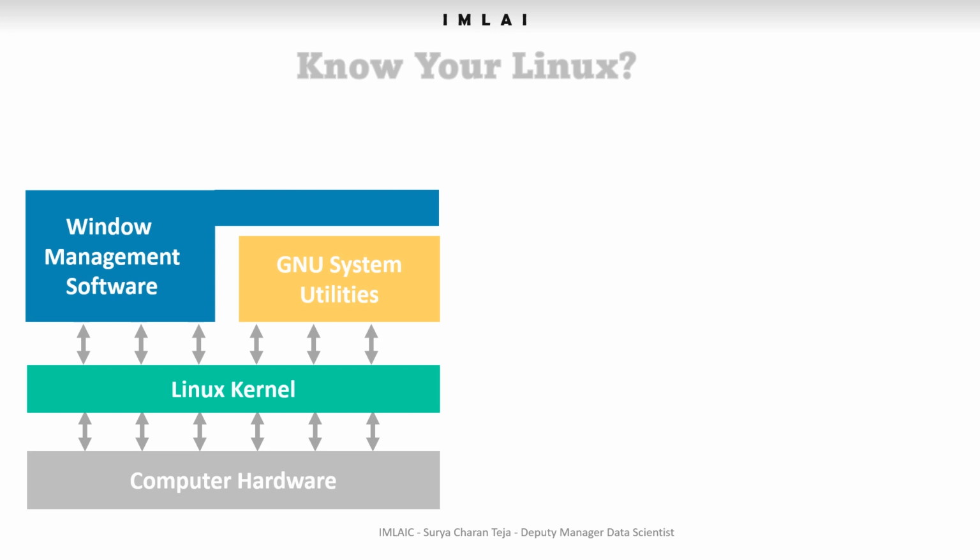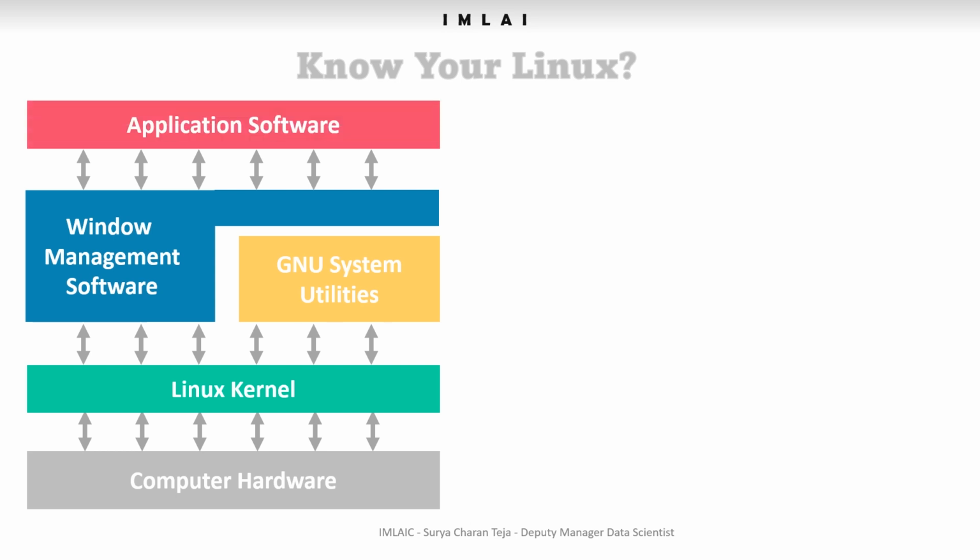I will explain it in detail in coming videos. And the fourth one is application software. So these are the core components of any Linux system. Each of these parts has a specific job in the Linux system. No part is very useful by itself.